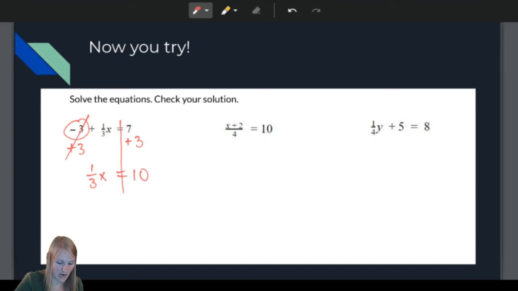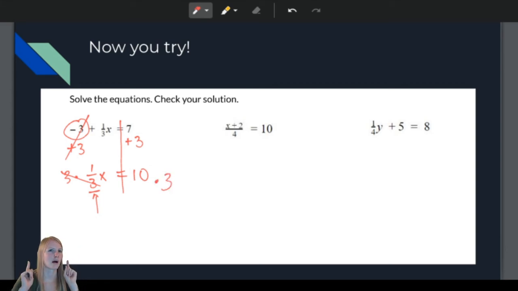Now remember, when I have 1/3 times x, I could divide by 1/3, and that will work, or I can multiply by the number on the bottom of the fraction. So I have a 3 on top of the fraction, and I have a 3 on bottom of the fraction, and then it just goes away. Oh no! I did it to one side of my equation, and not the other. I need to be balanced.